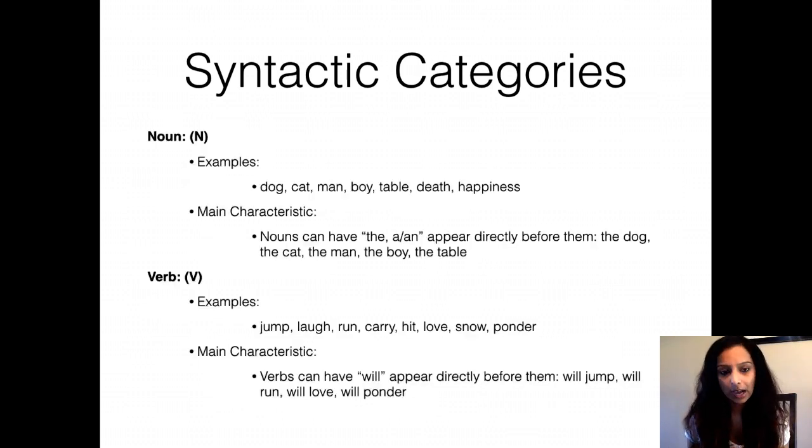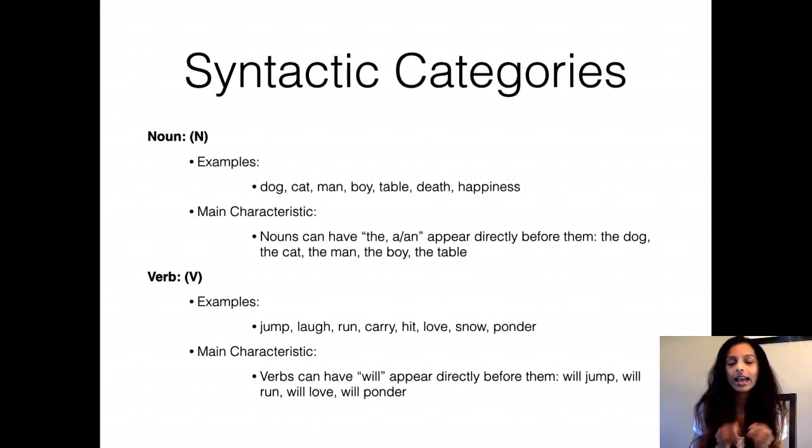So here are some nouns, and we are going to refer to nouns as N and verbs as V, as we have been doing in the morphology section. I've given you a couple of different nouns, a couple of different verbs, and I've also given you the characteristics of nouns and verbs. This is how I want you to understand a noun and a verb. A noun is something where you can have a determiner such as a, and, the, etc. in front of it, right?